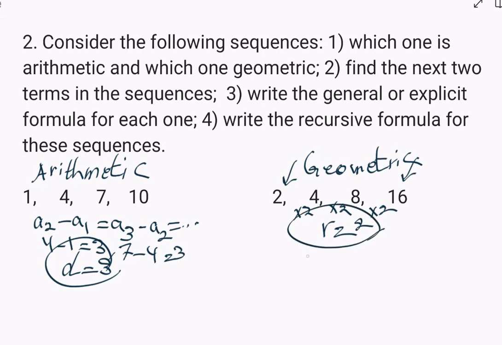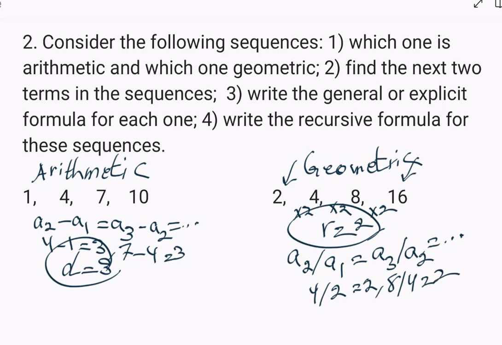Remember, we applied a sub 2 divided by a sub 1 equals a sub 3 divided by a sub 2, and so on. That still applies on the geometric side, meaning 4 divided by 2 equals 2, 8 divided by 4 equals 2. So it is a geometric sequence, and r equals 2.